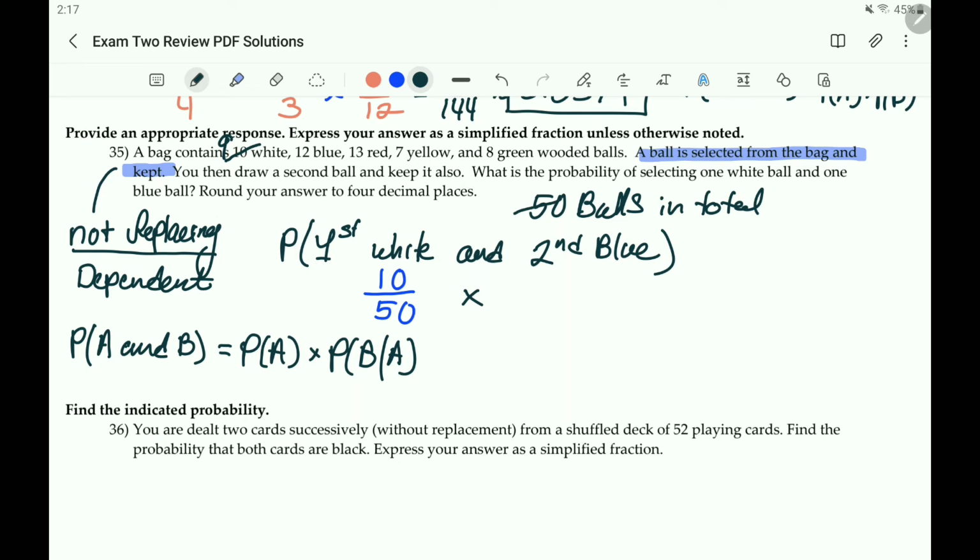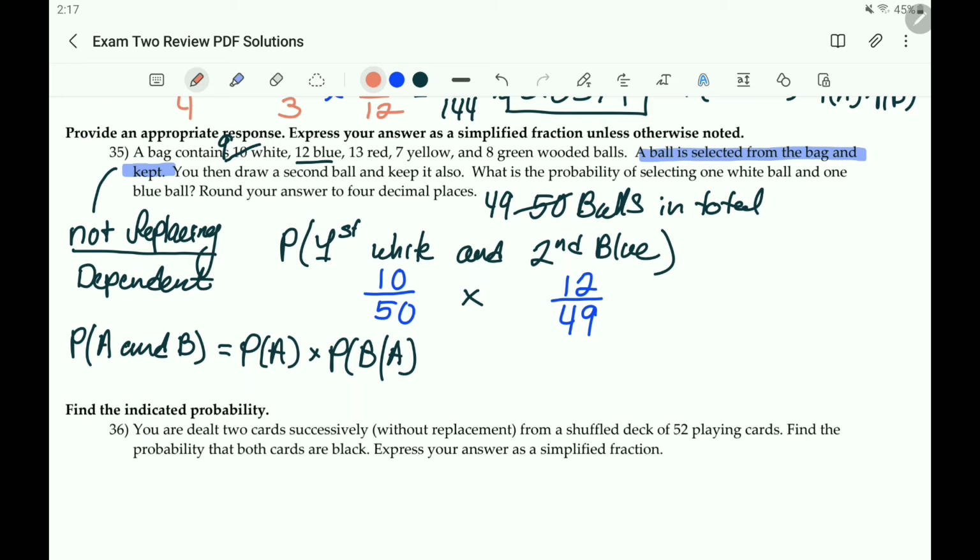There are now 49. Out of the 49 balls left in the bag, how many of those balls will be blue? And that is going to be 12. So 12 over 49.